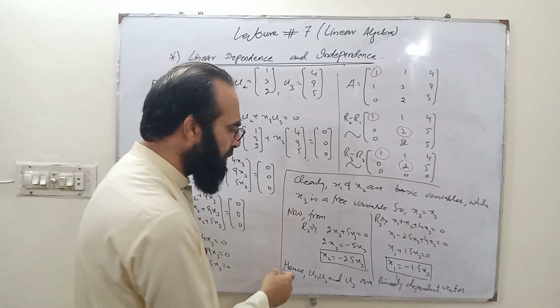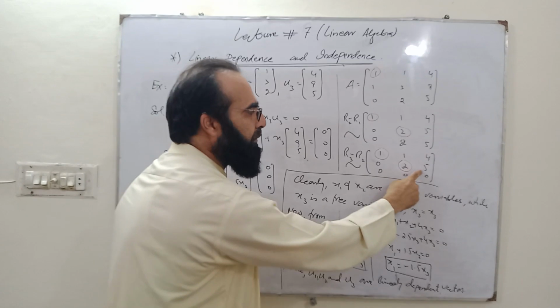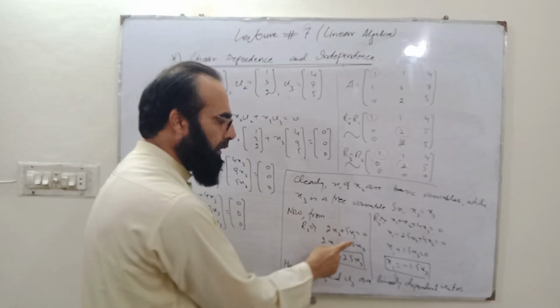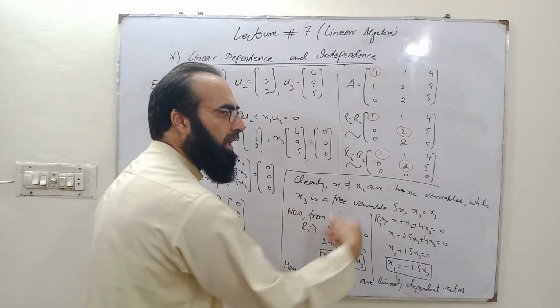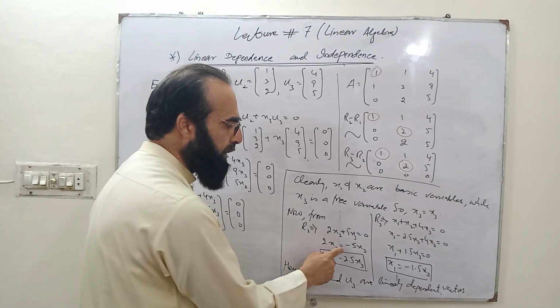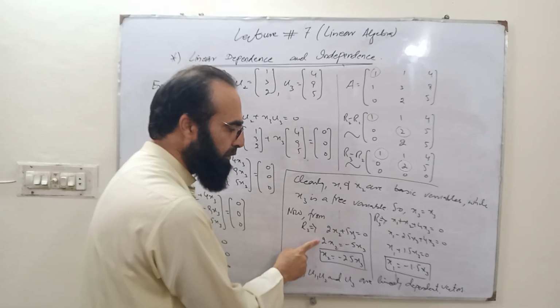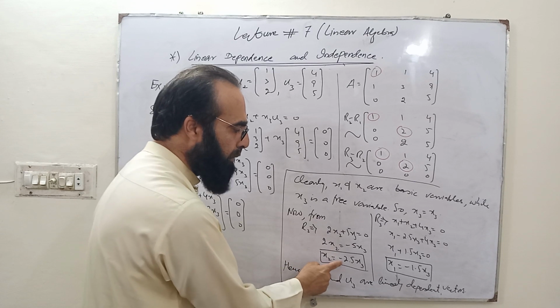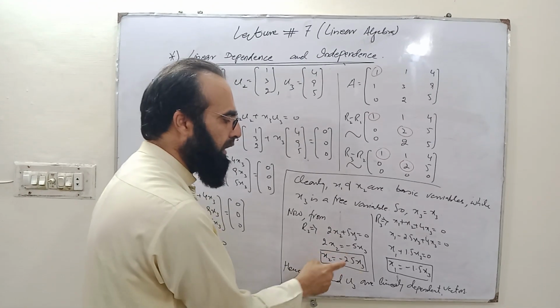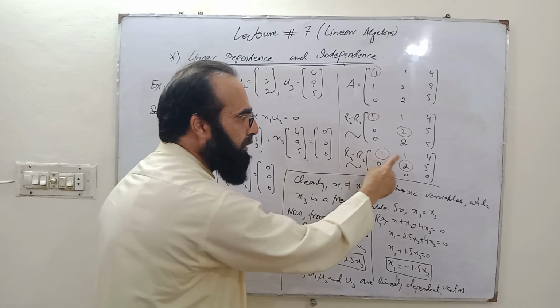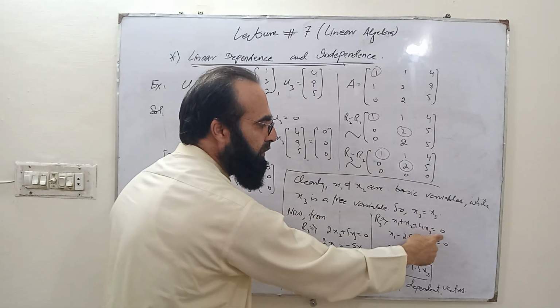From the second row, we will get 2x2 plus 5x3 equals 0. Shift 5x3 to the other side, we will get 2x2 equals minus 5x3. Divide both sides by 2, we will get x2 equal to minus 2.5x3. From the first row, we will get x1 plus x2 plus 4x3 equals 0.